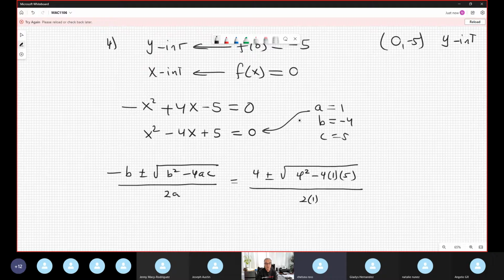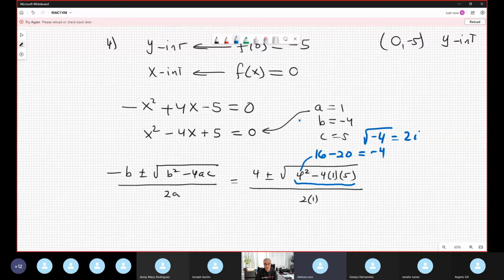It's just 2. And we focus on the expression inside the radical. This is 16, 4 squared, 4 times 4, and this is 20. Wow, look at what happened, it's negative 4. And the square root of negative 4 is imaginary, it's 2i, plus and minus. So immediately, can you see this situation?